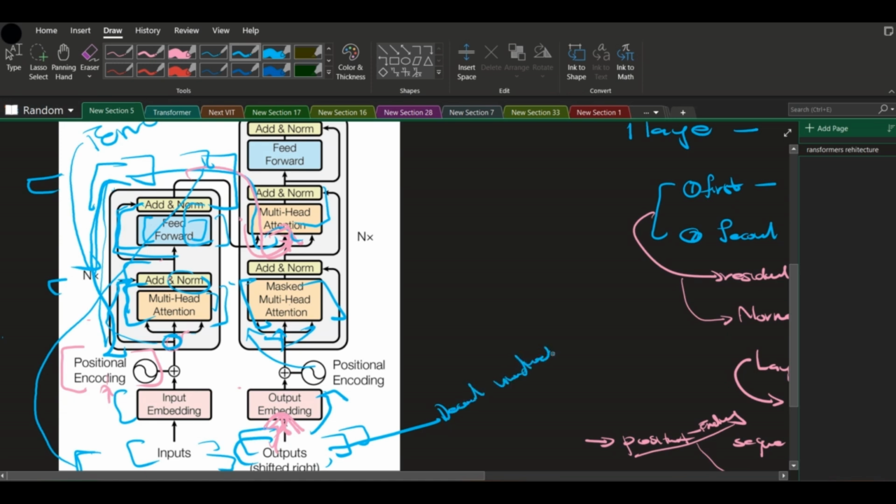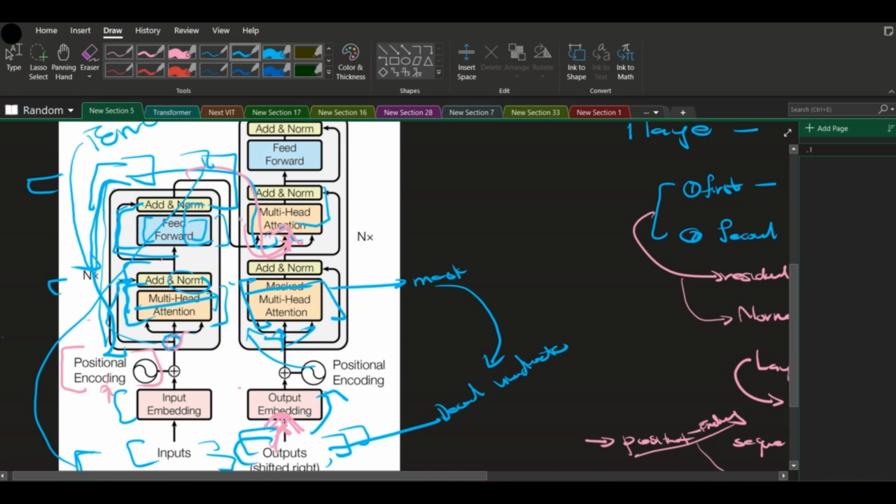In this sublayer, we achieve this using the masking function. The masking is what actually helps us have this unidirectional functionality.